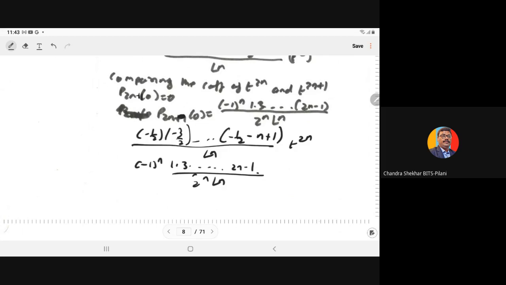So that we have to write. So that is P_2n is equal to minus 1 to power n, 1 into 3 into 2n minus 1 upon 2 to power n factorial n. That is the value. So that is the generalized value for x is equal to 0.